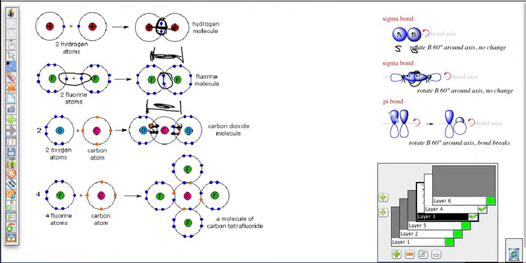Now when you get to a pi bond, here's what's going to happen. If you have a double bond like we see here, between each one of these carbons and oxygens, we have 2 bonds. Well, a sigma bond, we said, was centered perfectly. They show these each off center, but what's actually going to happen is one of these bonds will be centered, making the second bond off-center from the two nuclei.